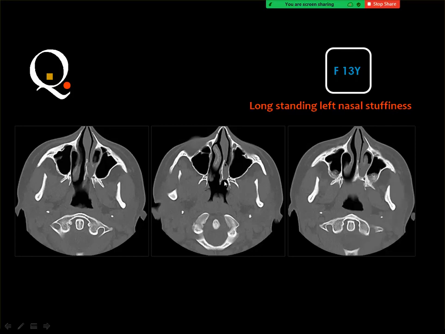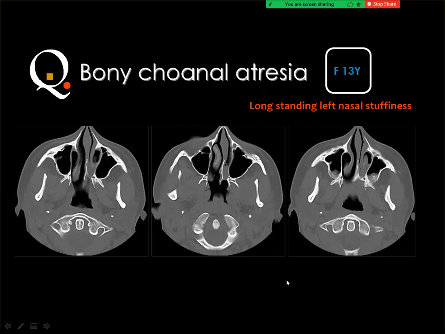And you know that the posterior choana is obliterated by bone. You have two types of choanal atresia, the soft tissue atresia, where you got a membrane obstructing the posterior nares. But if the obstructing lesion is bony, you got bony atresia of the choana. The choanal atresia may be unilateral or bilateral, soft or bony types.